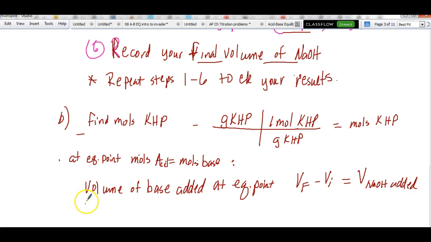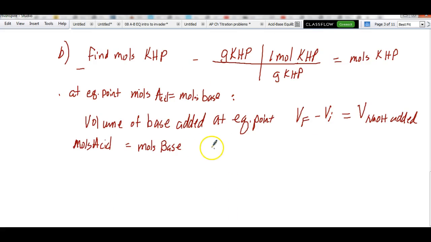So then, since moles of the acid equal moles of base, therefore the moles of your acid divided by the volume of your base, and you could just as well put base here, divided by the volume of the base.